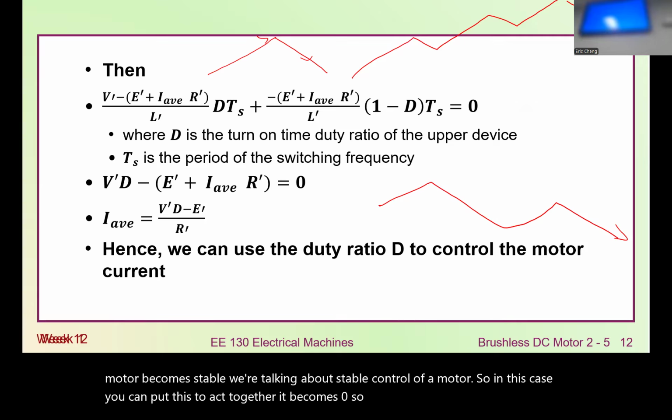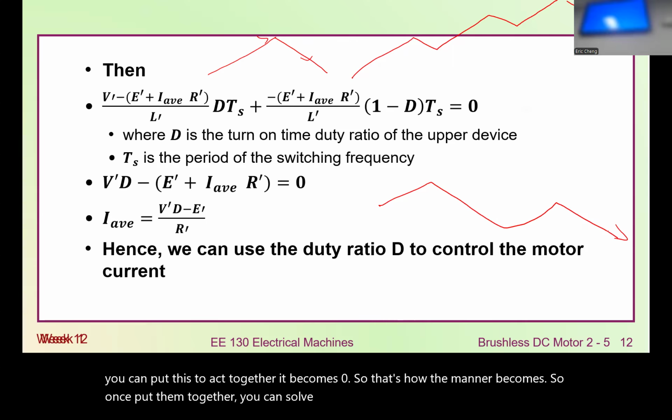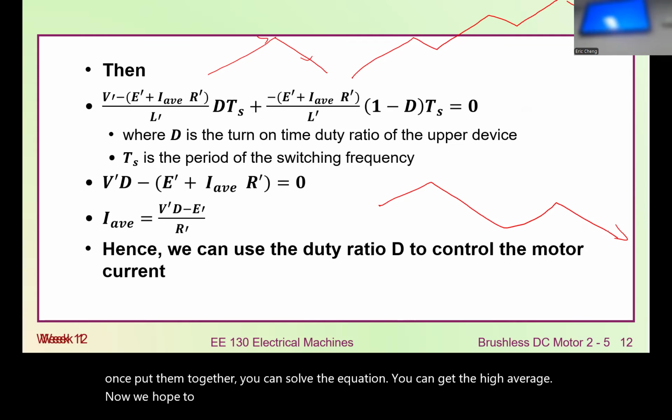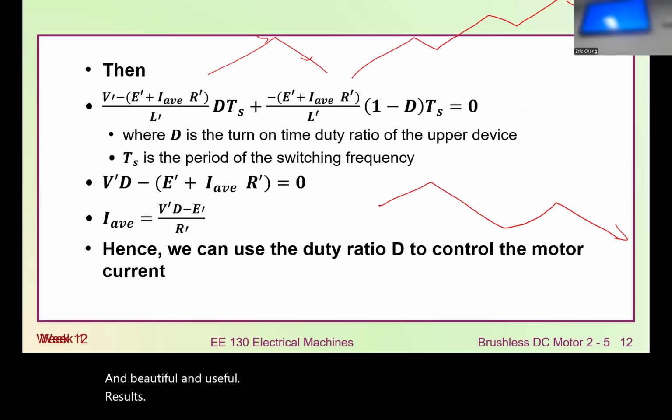So once put them together, you can solve the equation, you can get I average now equal to this beautiful equation, simple and beautiful and useful. Only a single ratio controls the current. So that's to say you control the duty ratio of that particular transistor, you can therefore control the current. Simple enough. So that's how far we can use power electronics to control current sources.